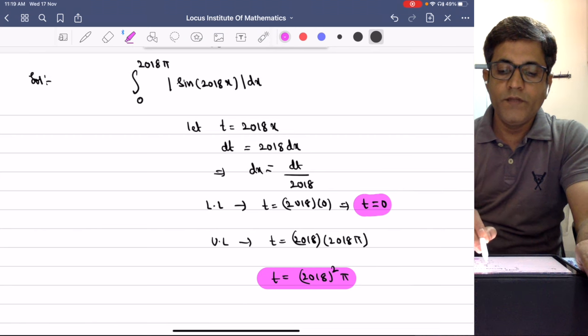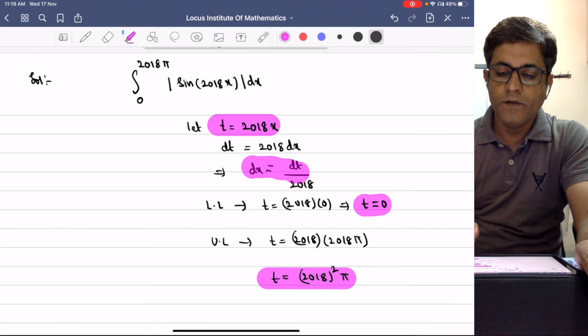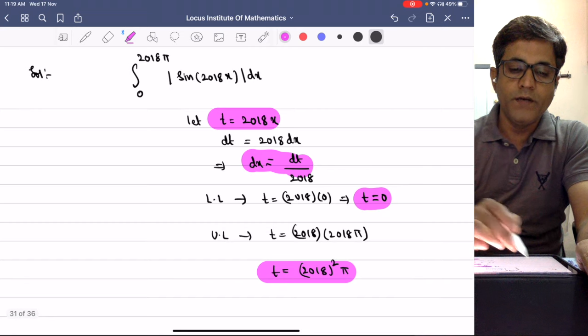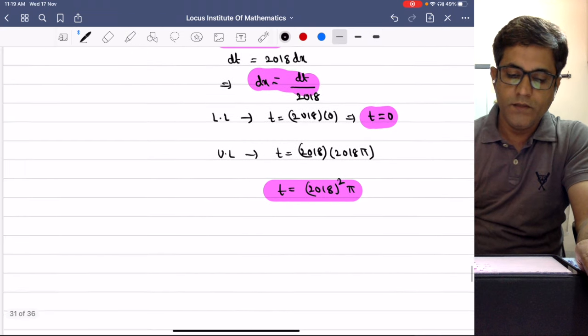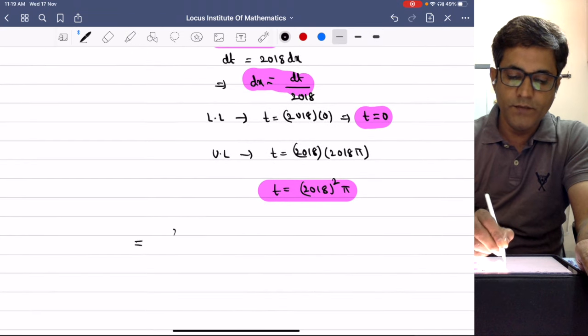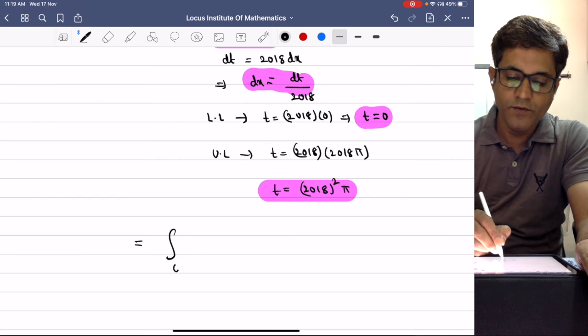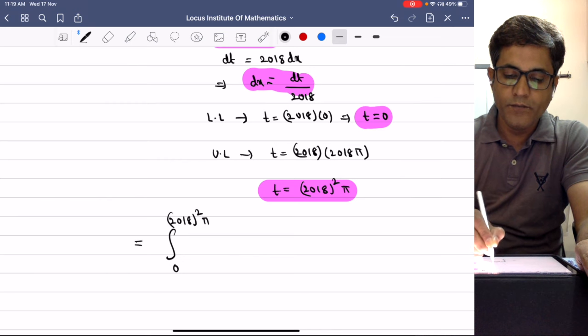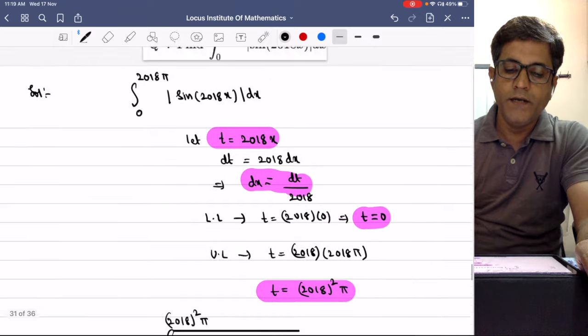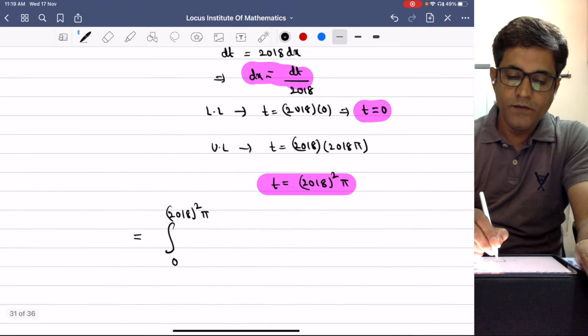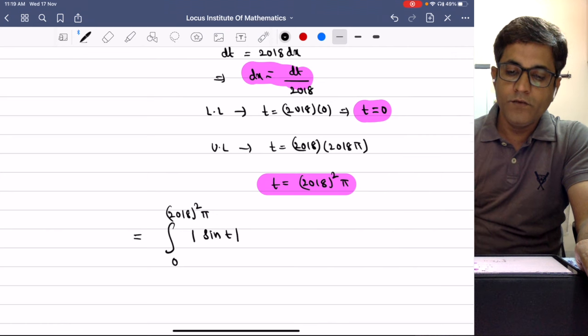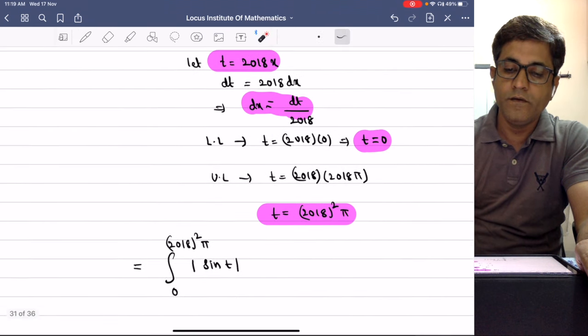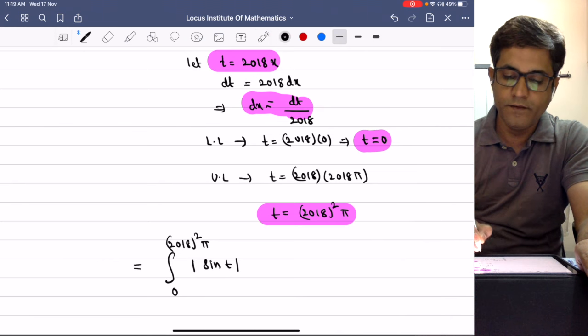Now with this substitution, the given integral becomes the integral with lower limit 0 and upper limit 2018 squared π of |sin t|, and in place of dx we have dt over 2018.